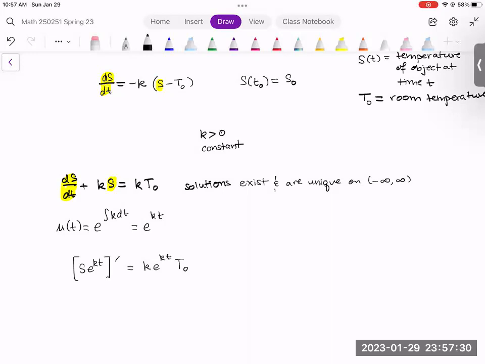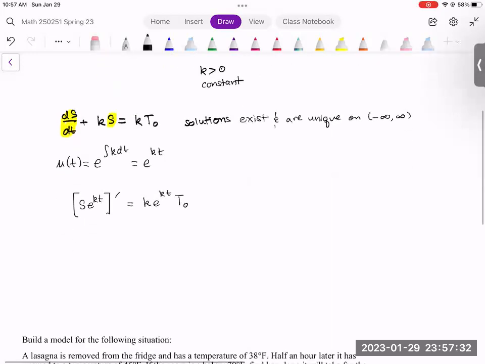All right, we're going to integrate both sides, and we get s e to the kt equals this integral, e to the kt times t naught. We can do that integral using a little u substitution.